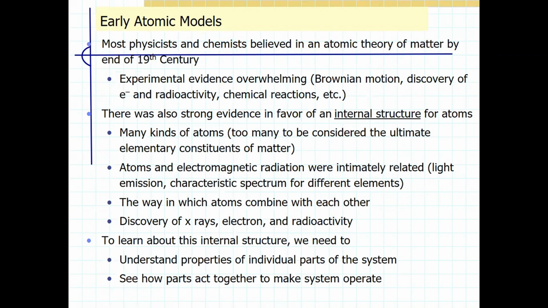Now we know that there is an internal structure of atoms. Now we know that there is a discovery of radioactivity in chemical reactions. Now we know very well that there is a nucleus.